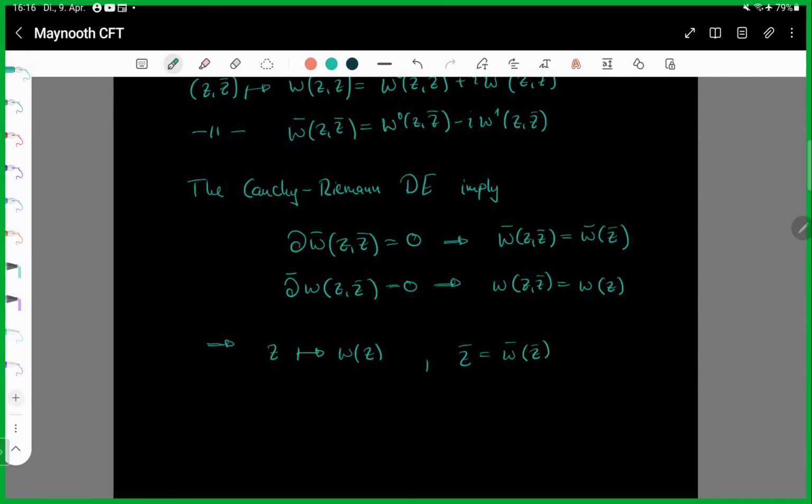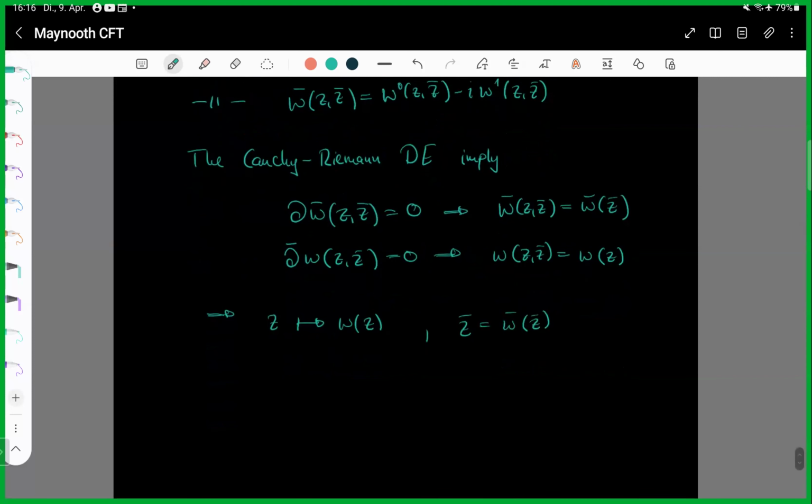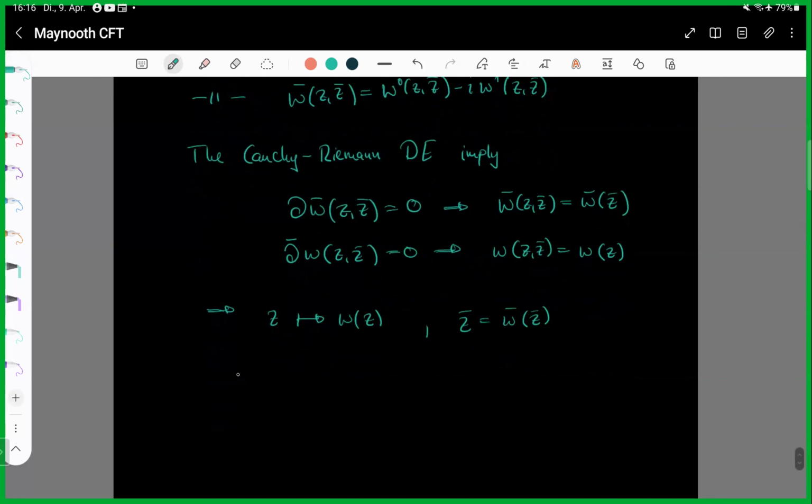This is what it means to satisfy the Cauchy-Riemann differential equations and to be holomorphic or anti-holomorphic. And that means that dZ transforms very simply: the differential form dZ transforms as a one form, but it just rescales. That's the point. And dZ bar equally rescales.